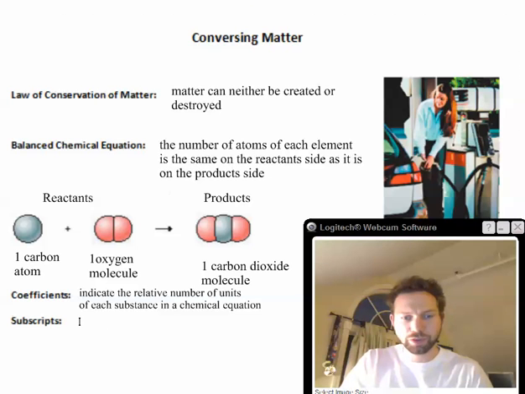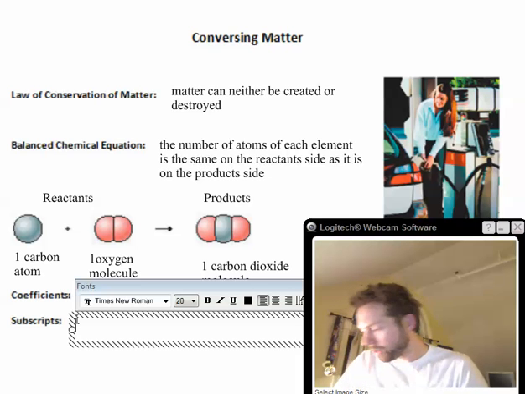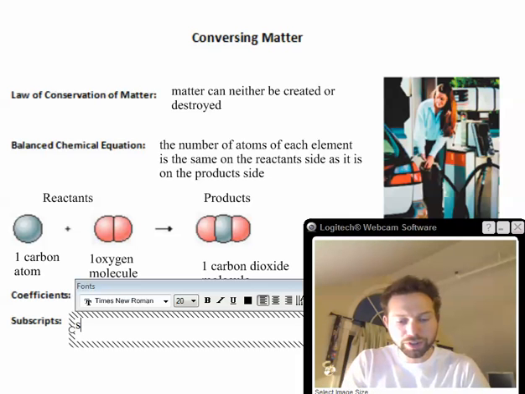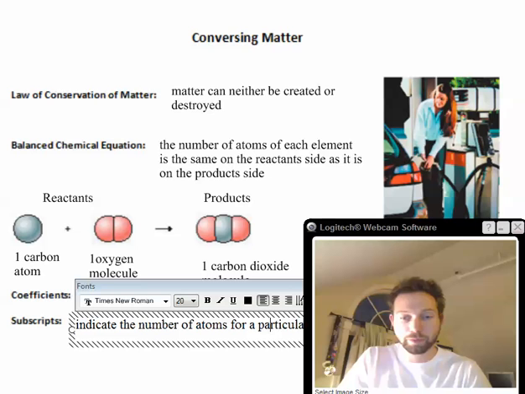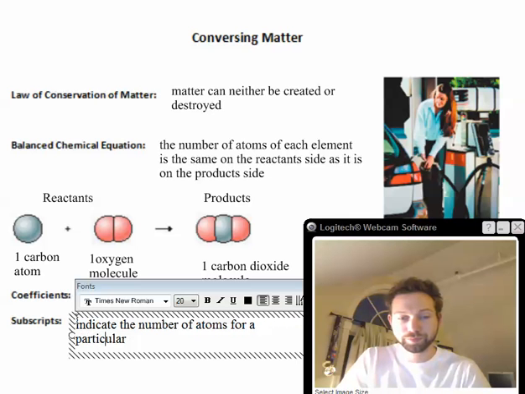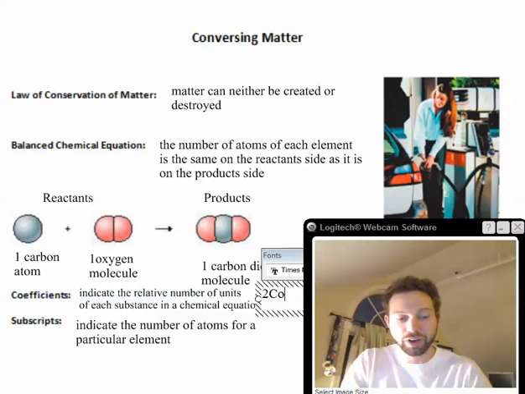Now, for subscripts, those are a little bit more specific. Subscripts indicate the number of atoms for a particular element. For example, we have 2CO2.